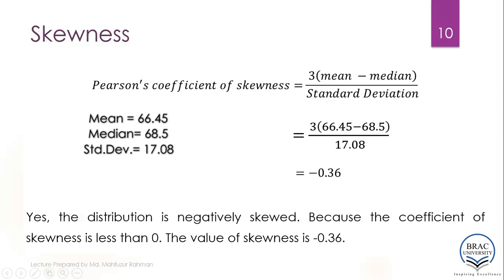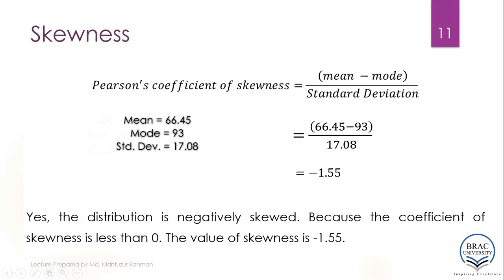After calculating these three measures, mean, median and standard deviation, we have finally found a negative value, that means less than 0. And we can say the distribution is negatively skewed because the coefficient of skewness is less than 0. The value of skewness is minus 0.36. That means we can say this is a left-tailed or negatively skewed data set.